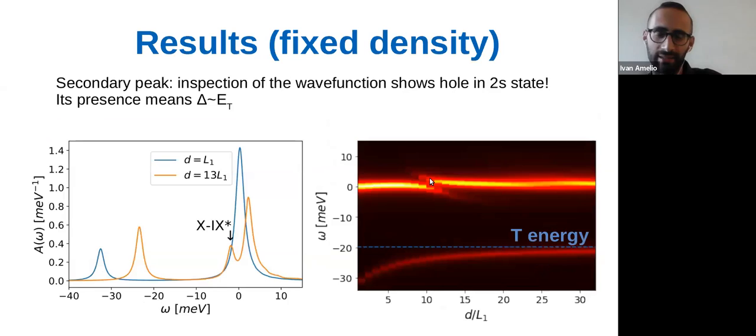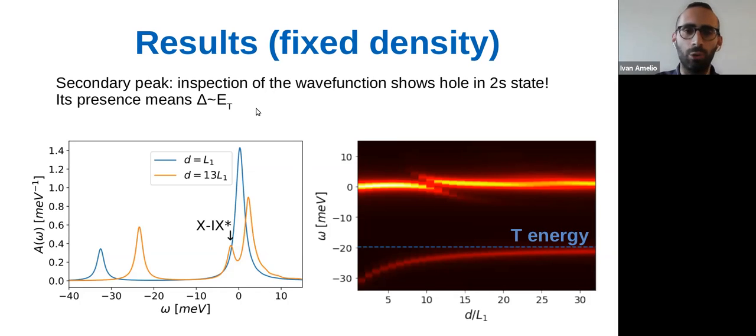So what's this? If one looks at the wave function of this secondary peak, one realizes that it basically corresponds to putting a hole in a 2s state. Basically it's like I'm binding my impurity to an interlayer exciton excited in the 2s state.